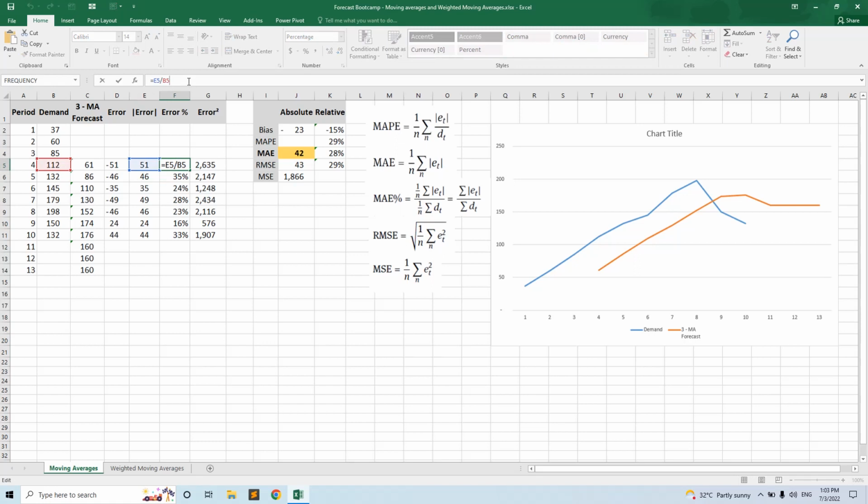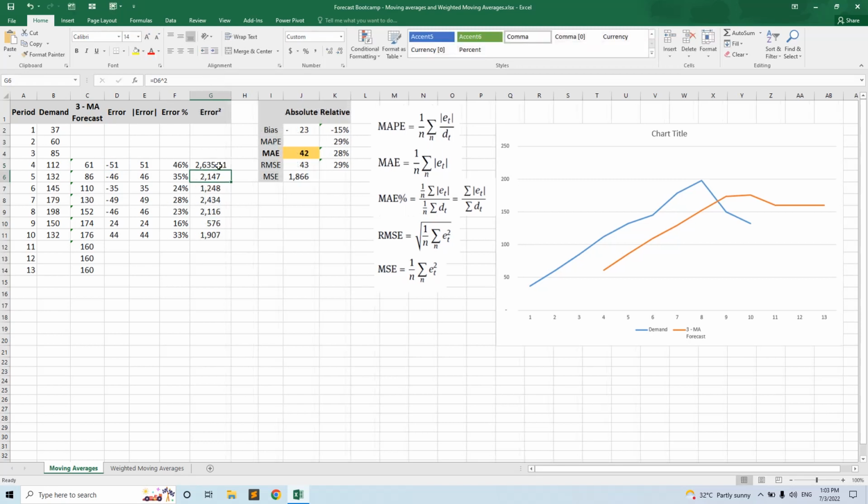We have the error in percentage, meaning the absolute error divided by demand. And we have the squared error.